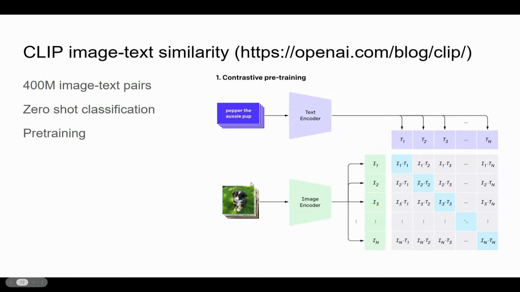Yes, sorry? One question: what if we have two images which are very similar? They should both be similar in the encoded space, so the same text, but the softmax only allows one. So the question is, in the batch I can have almost the same image twice.